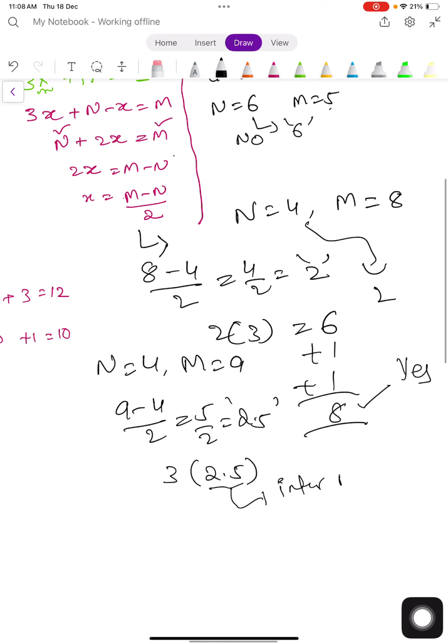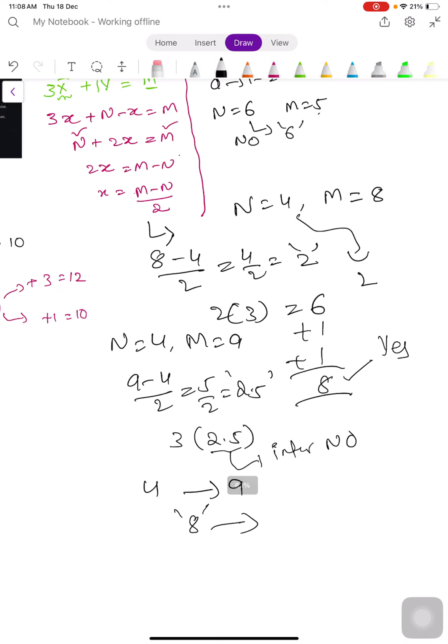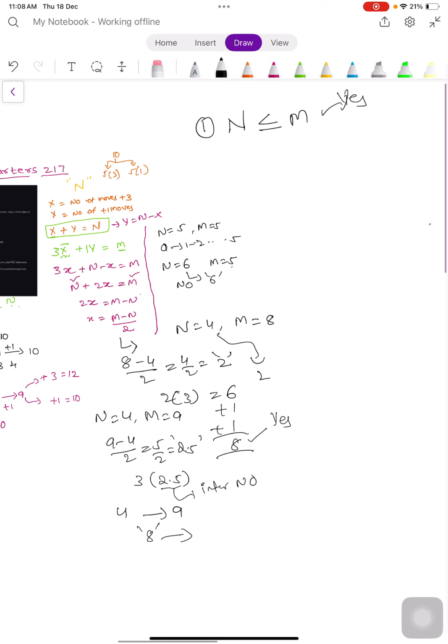So the answer will be no. Even if you check in 4 moves whether you can reach 9, you will reach at most 8 or exceed it. So the second condition will be (m minus n) by 2 should be even. Then I can say the answer is yes.